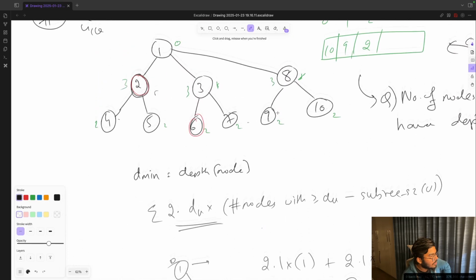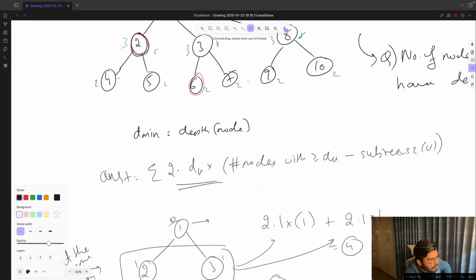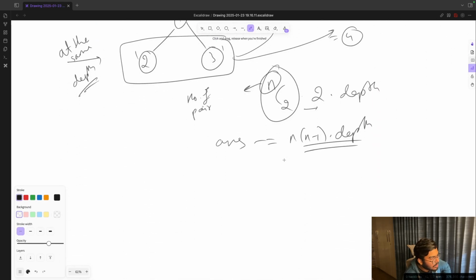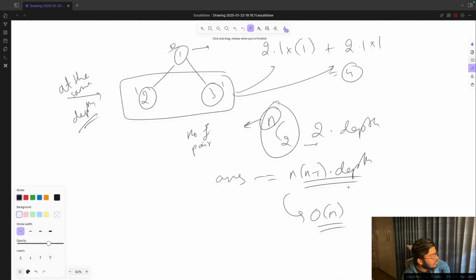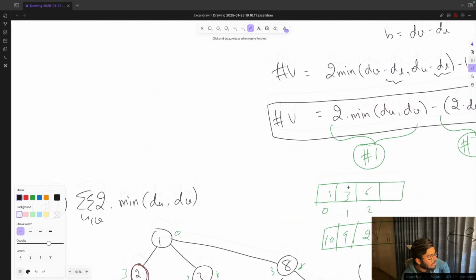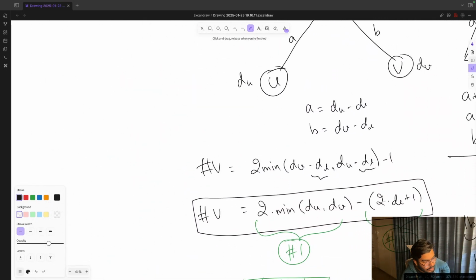First of all, you do plus equals to this value, and that you can do easily in big O of n time. This you can do in big O of max depth, and max depth, in the worst case, will be big O of n. Okay, and now you still have to calculate the other value, that was this part, right? The hashtag 2 times dl plus 1.